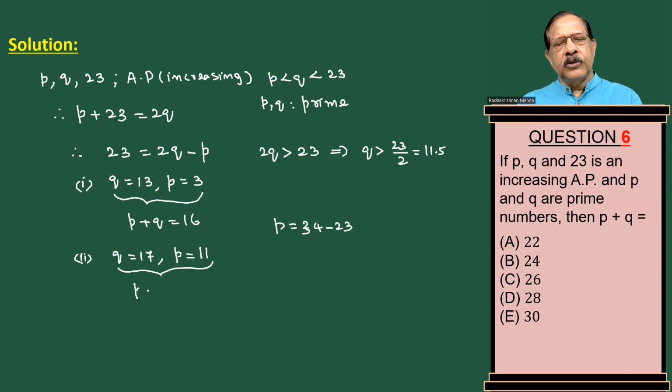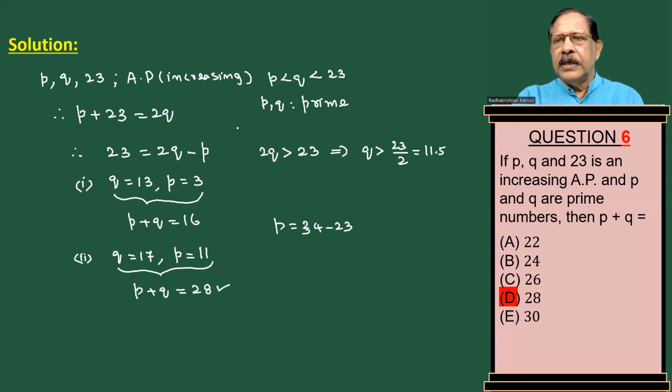So now p plus q is what? 17 plus 11, that is 28. Is it there? Yes, 28 is there. So p is 11, q is 17, and the third term is 23. They are an increasing AP only. So our correct answer is option D. So you have to check like this. There are other values of p and q; we have to take the suitable value so that it matches with the options.